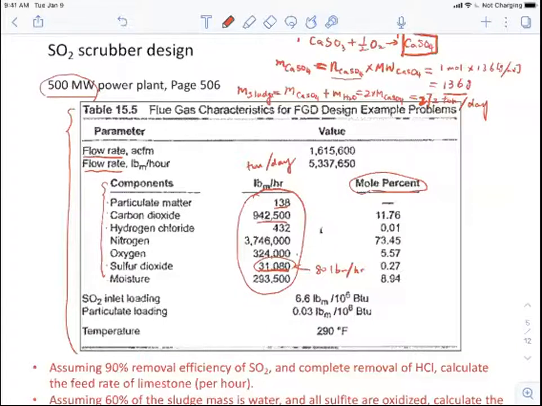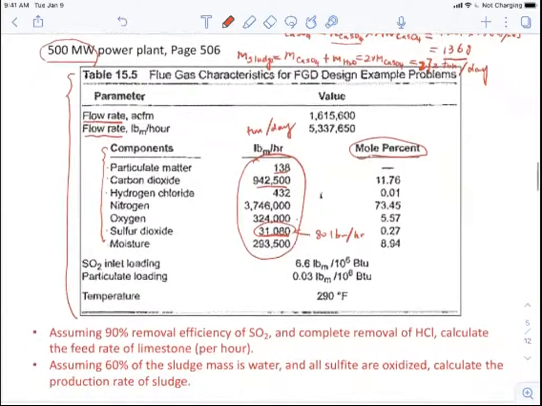If we come back to this question, we're trying to design a sulfur dioxide scrubber system. This is what the problem states. Let's say the scrubber can only remove 90% of the sulfur dioxide. We're not trying to remove everything, because that's not possible, since the reaction is too slow.